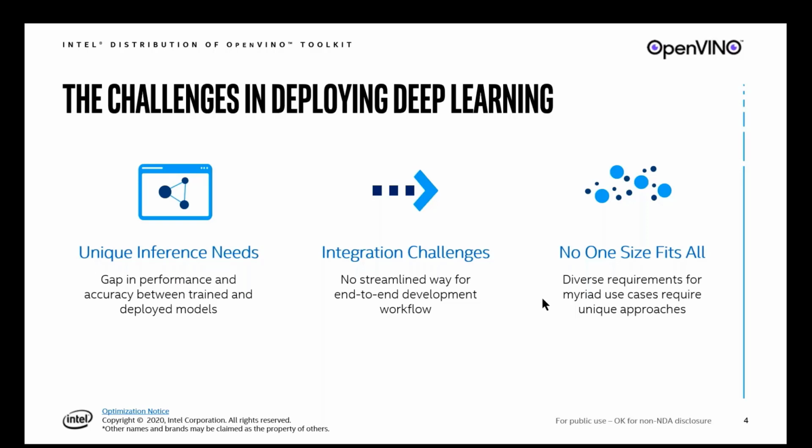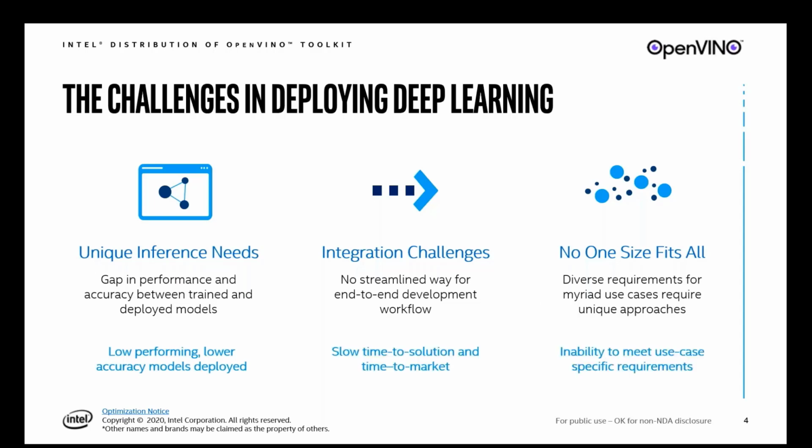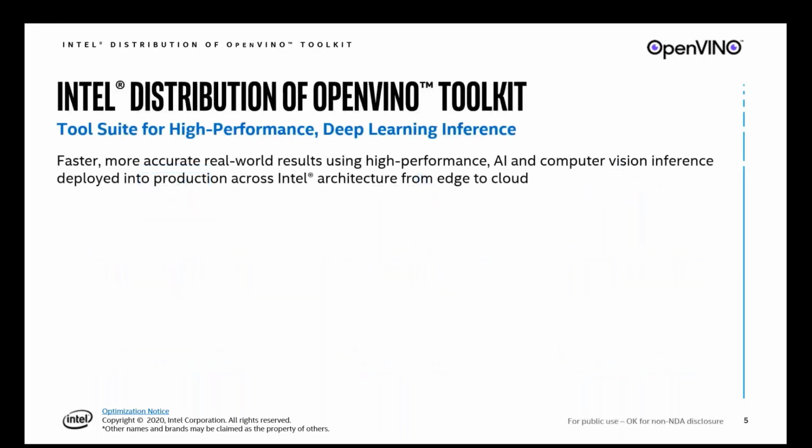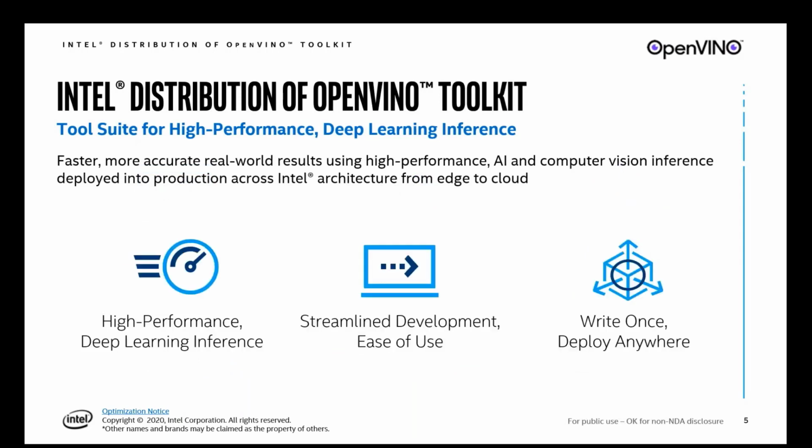What we are looking to address straight on is the integration challenges for an end deployment. And that's what we'll look into. We also want to accelerate your time to market, your time to deployment, reduce your development efforts, and enable you to quickly take this into the market. And that's why we came up with OpenVINO.